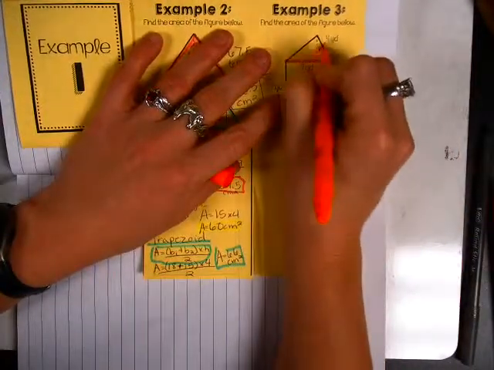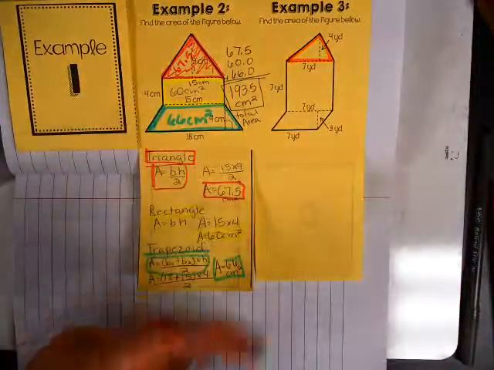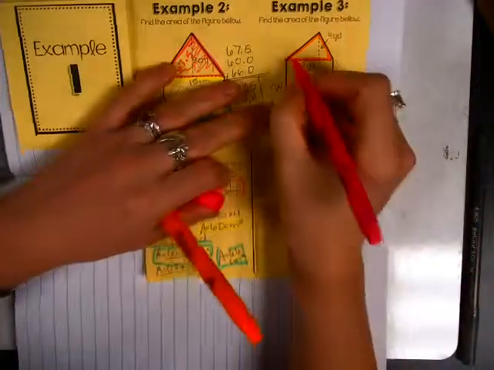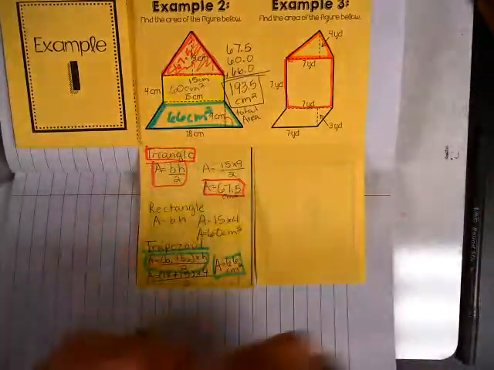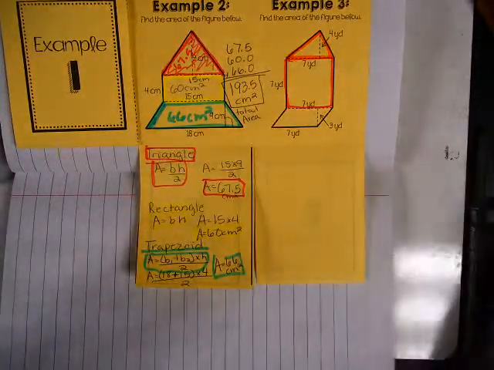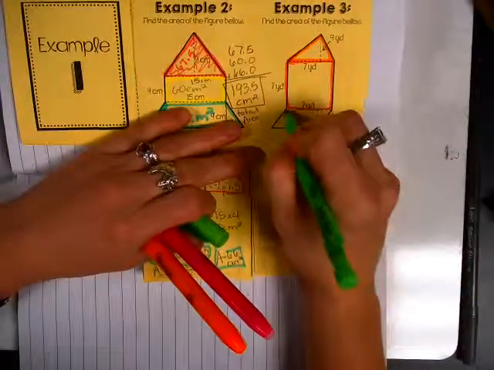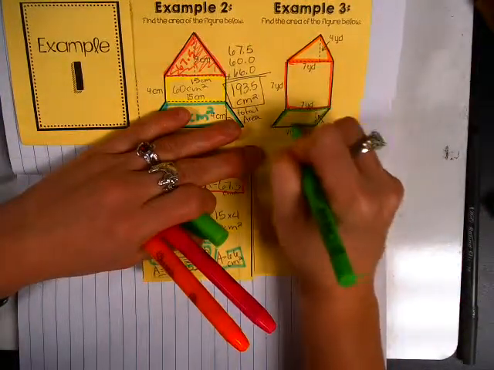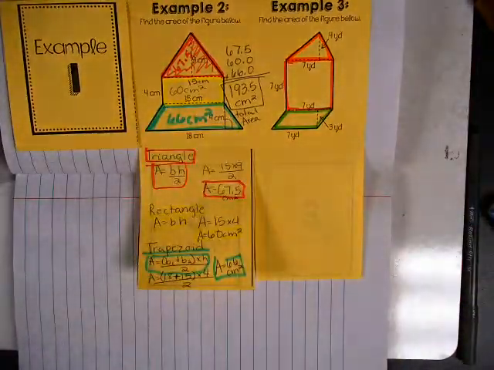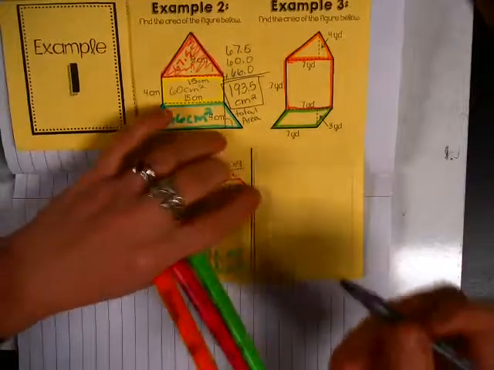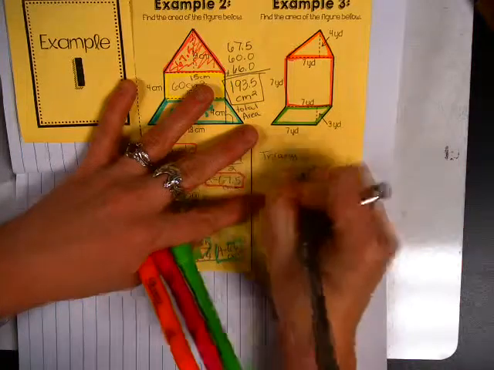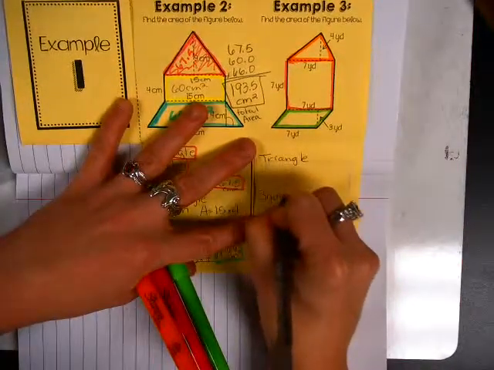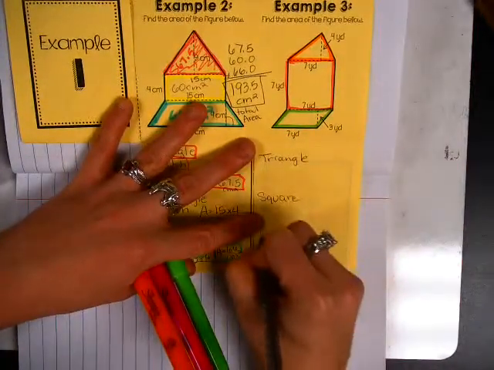Alright, so you see there is a triangle, there is a square, and there is a parallelogram. Okay, so that's what I'm going to write here. There is a triangle, there is a square, there is a parallelogram.